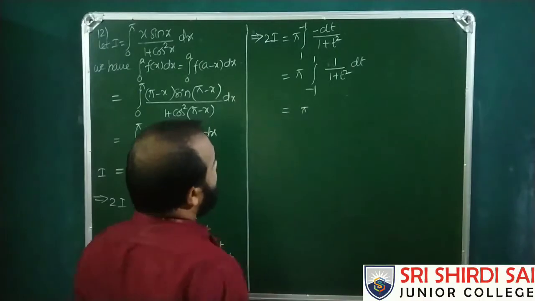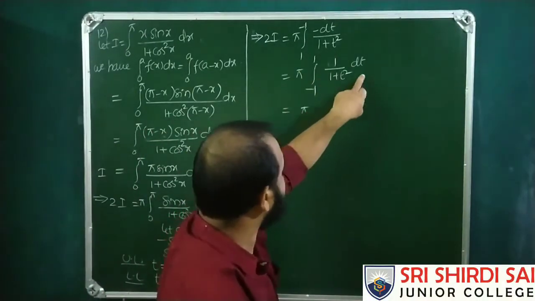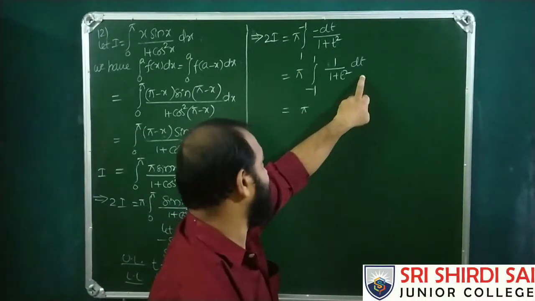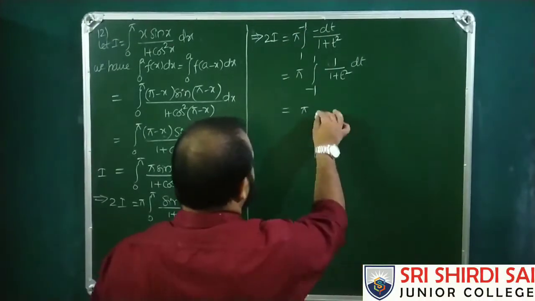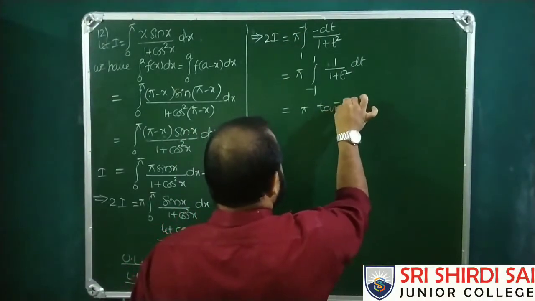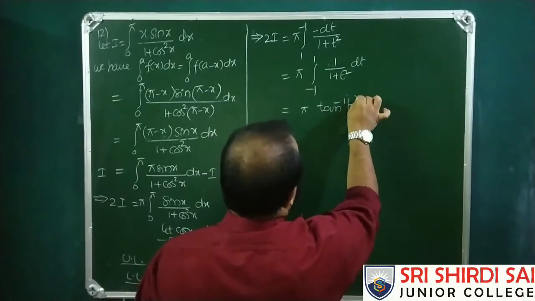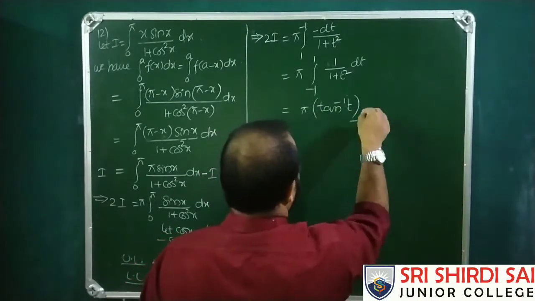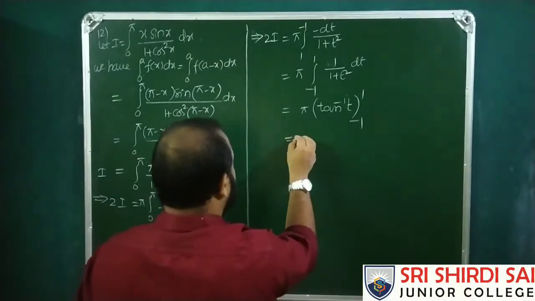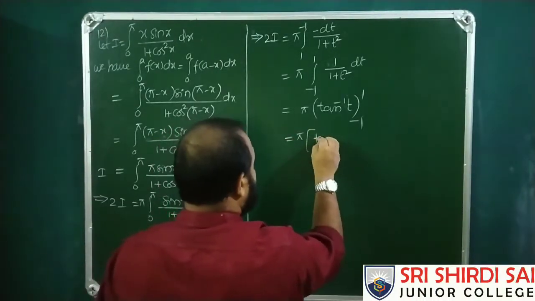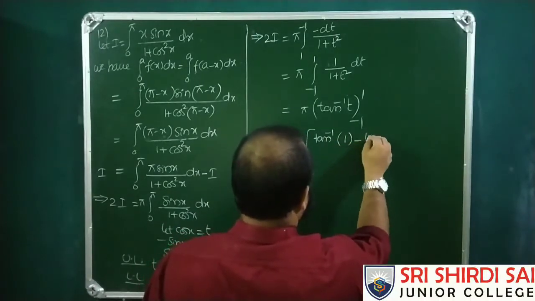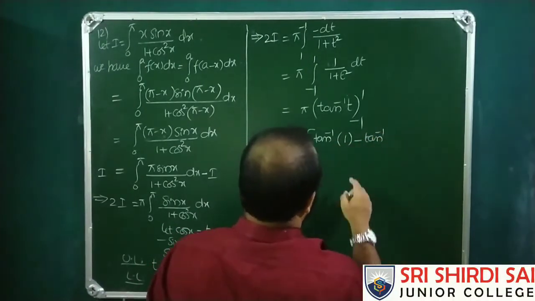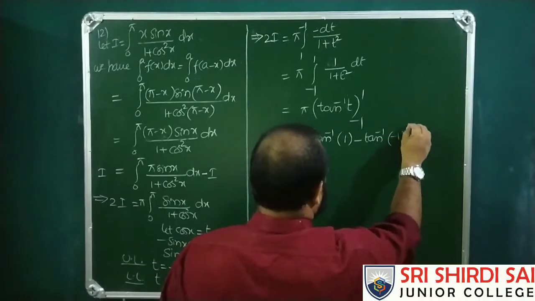We are all familiar with the formula: integral 1 by 1 plus x square dx is tan inverse x. So what is the integral 1 by 1 plus t square dt? Tan inverse t. Since the process is over, minus 1 to 1 is to be written here. So pi into tan inverse t, upper limit 1, minus tan inverse t, lower limit minus 1.